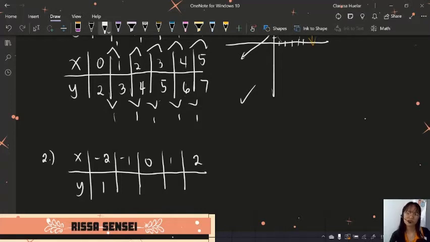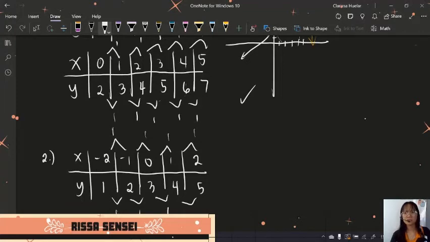Pag kinuha natin yung difference, this is negative 1 minus negative 2. So, that's positive 1. So, ito, 1 pa rin. 2 minus 1 is 1. Ganun din dito, 2 minus 1 is 1. 3 minus 2 is 1. So on and so forth. So, meron pa rin silang common difference. Meaning, this is a linear function.